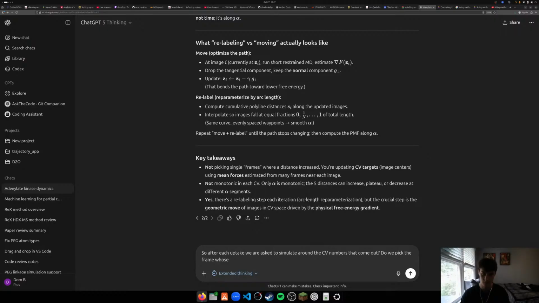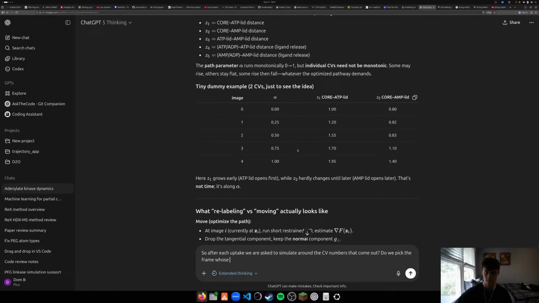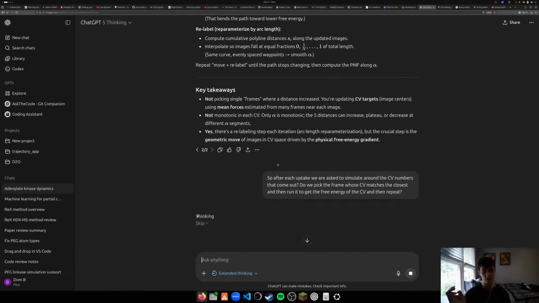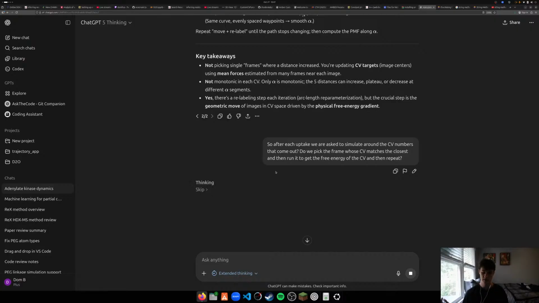So we pick the frame whose... and then run it to get... I mean, I know we're not picking frames, but is it just we do this one time and then... I just don't get it.